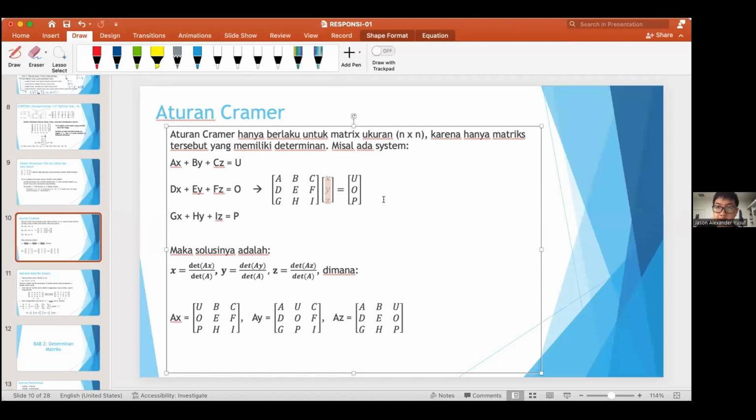So in order to find the values of x, y, and z, we first have to find the determinant of A, and this is A, the coefficient matrix, and also the determinants of Ax, Ay, and Az. What is Ax, Ay, and Az? Ax is basically just matrix A, this one. This is matrix A.